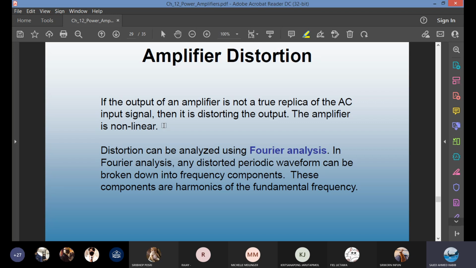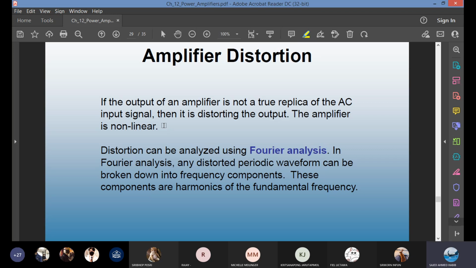If you do Fourier transform on a time-varying signal, it will show you amplitude versus frequency. It will show you the dominant frequency. So doing the Fourier analysis, you can break down the corrupted signal into many different frequency components, and the small components are called harmonics of the fundamental frequency.